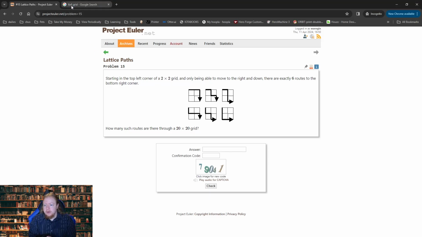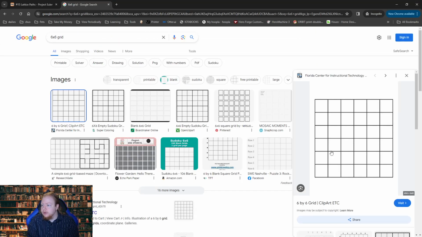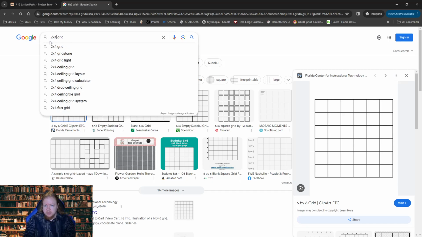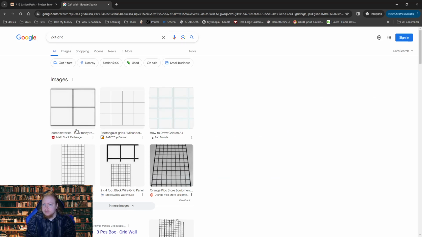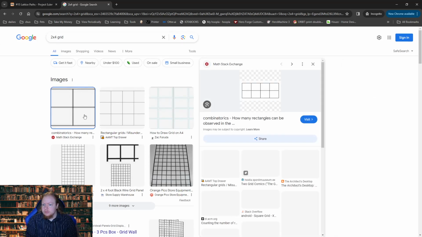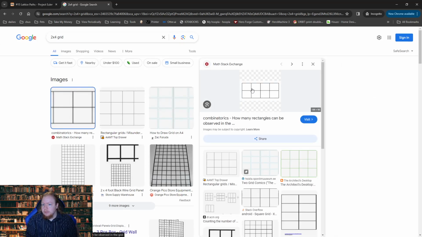Think about how our 2 by 4 will look. So it'd be this section of the grid. Let's actually just look for a 2 by 4 grid. Why make our lives harder than they need to be, right? Okay. I expected it to be the other direction, but doesn't matter now.